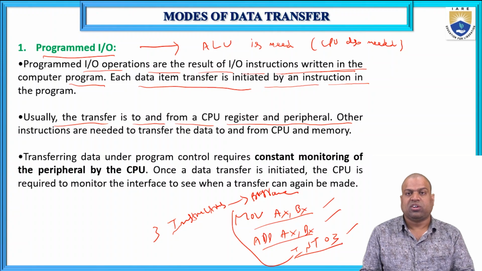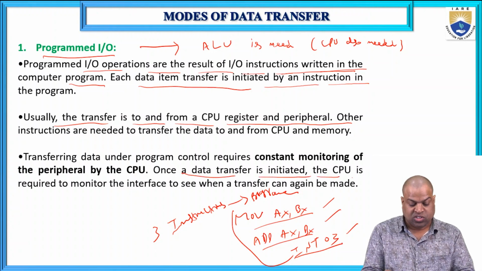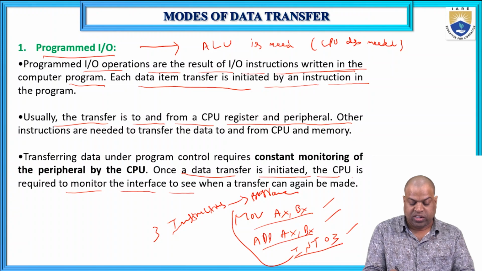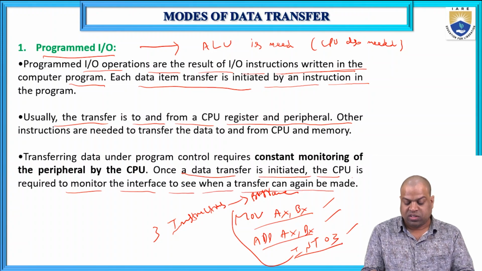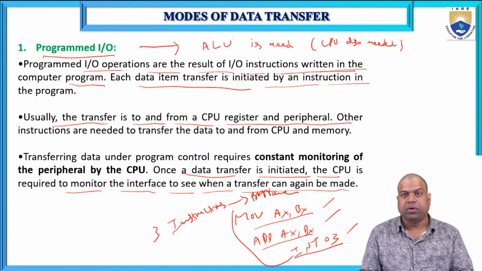Other instructions are needed to transfer the data to and from the CPU and memory. Transferring data under program control requires constant monitoring of the peripheral by the CPU. Once a data transfer is initiated, the CPU is required to monitor the interface to see when a transfer can again be made.